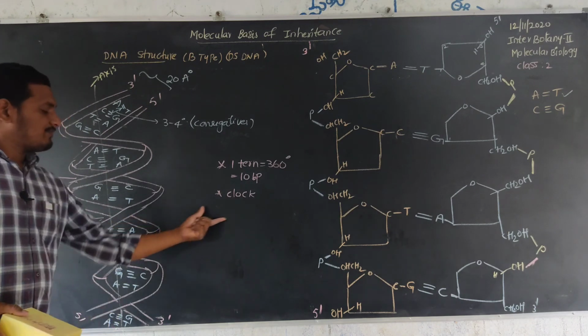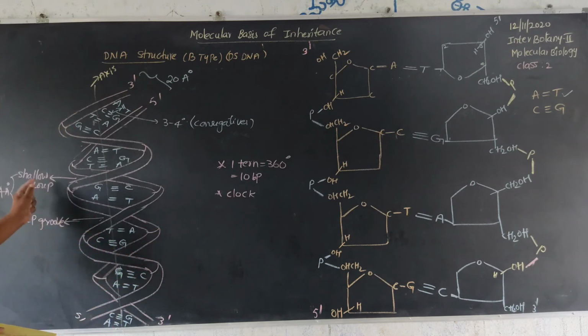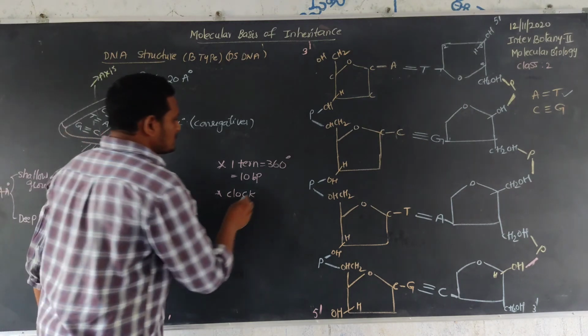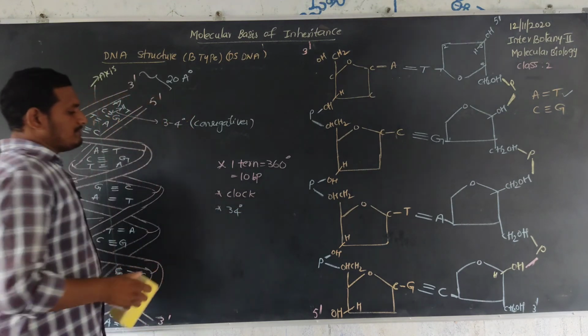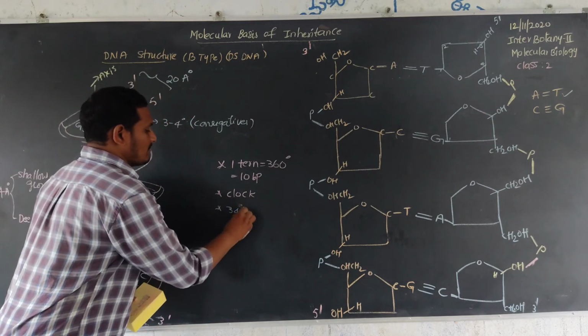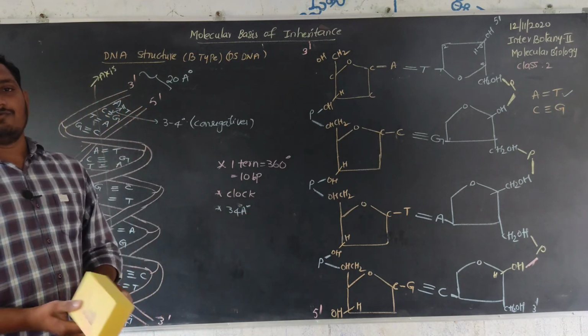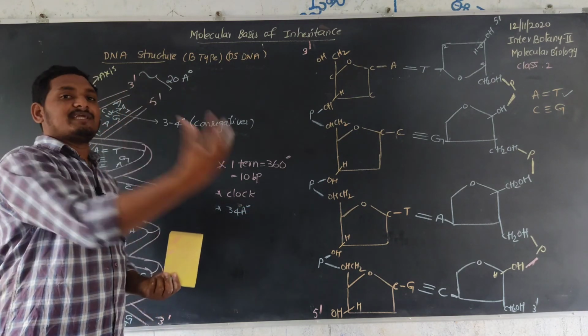So this is clockwise, and the shallow groove and deep groove span 34 angstroms, which is one turn. One turn means one rotation of the helix.